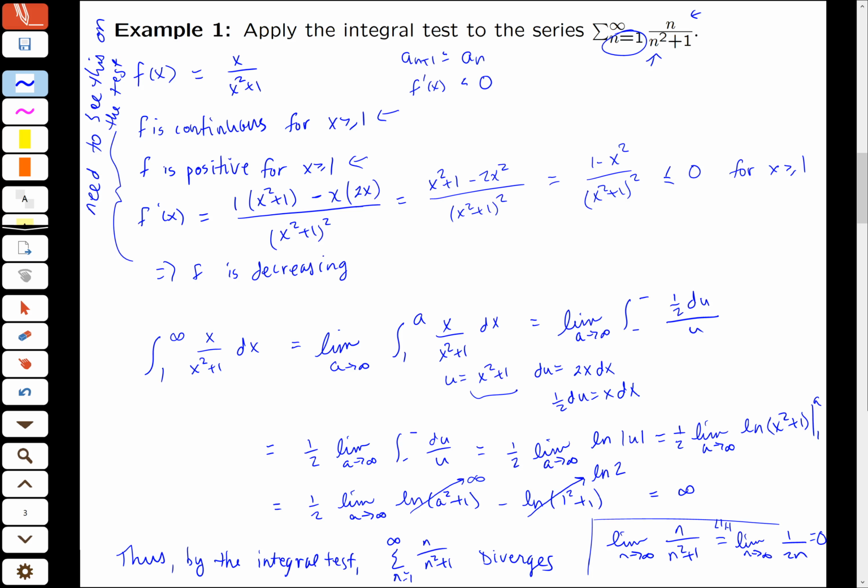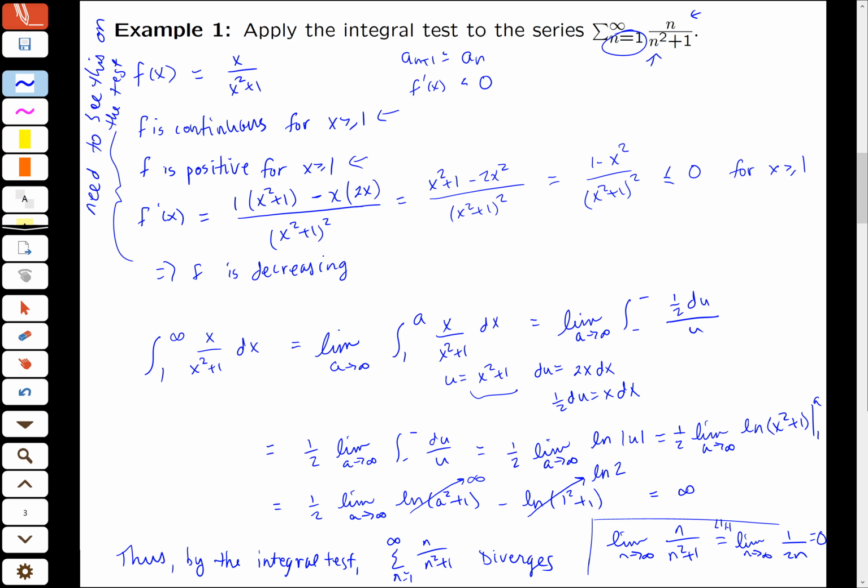The nth term test from last time said, if the limit of the terms inside your series is not equal to 0, then your series diverges. If your limit is equal to 0, you know nothing. Because I just gave you an example of a series that diverges whose limit of the terms is 0.